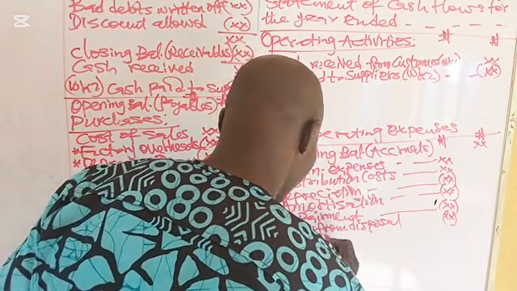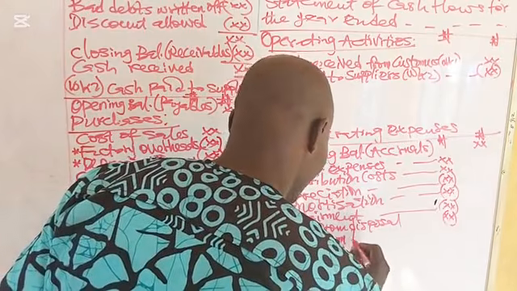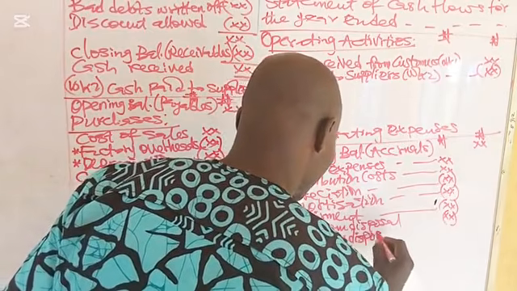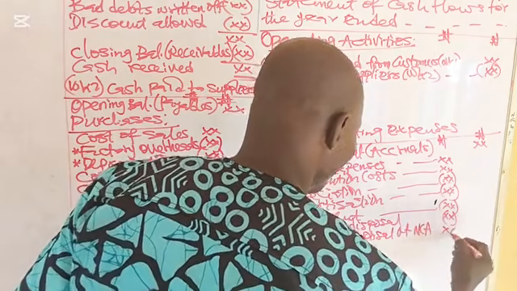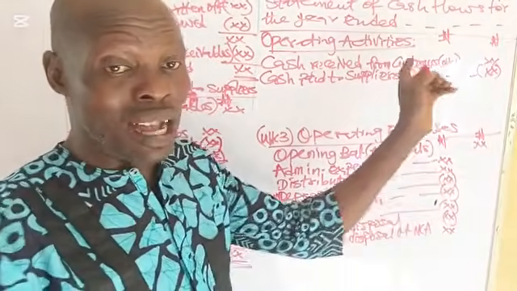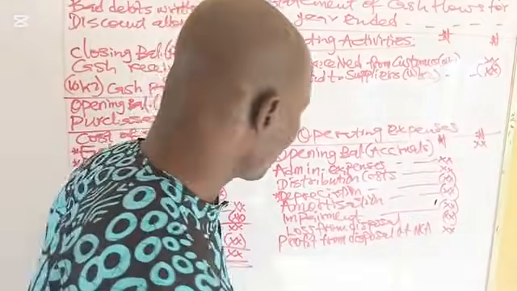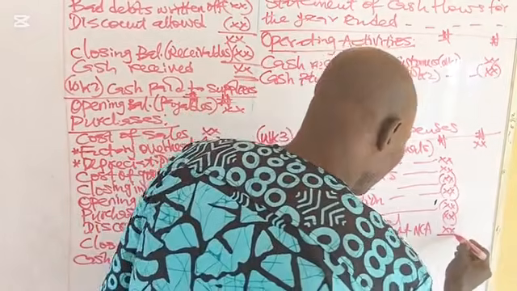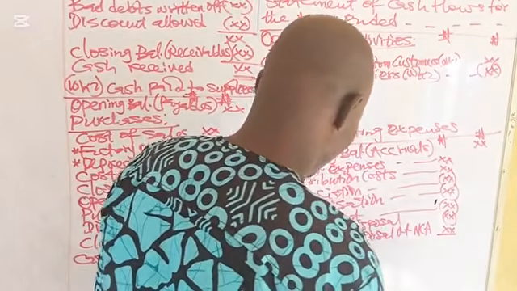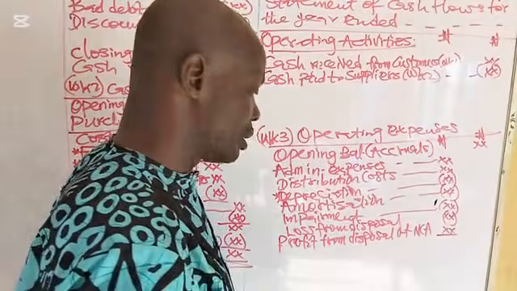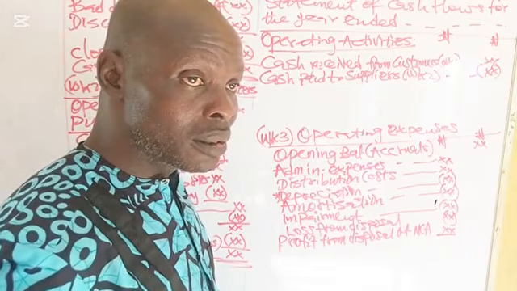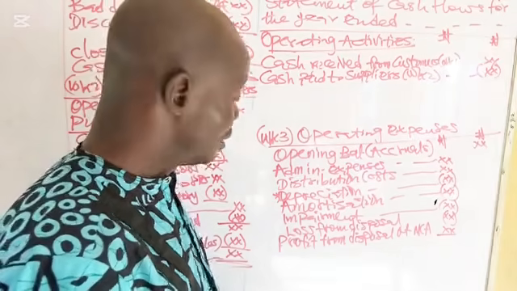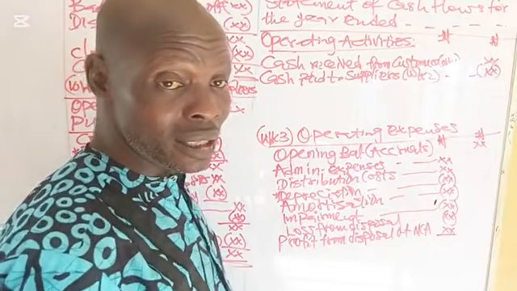Profit from disposal of non-current assets. We add because it has been subtracted. So is it with the same figure as that of loss? With what you just explained, the loss is different from profit.